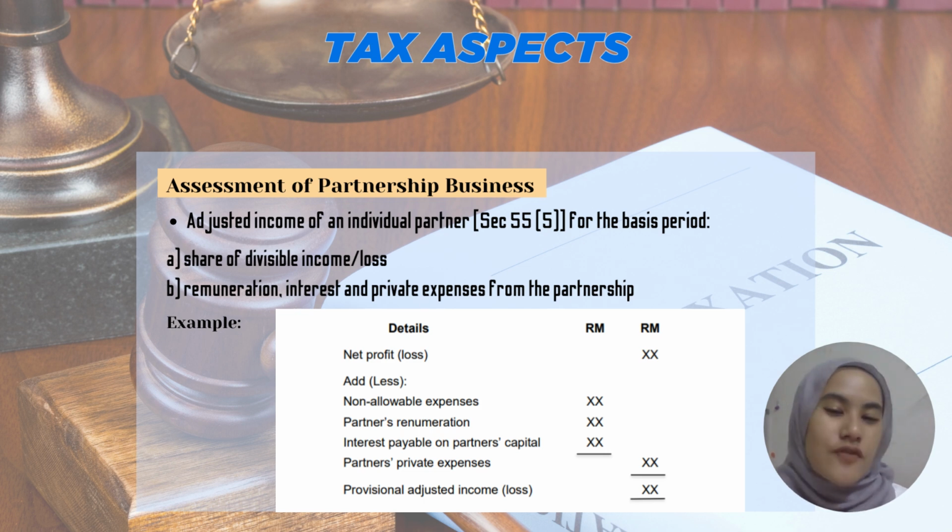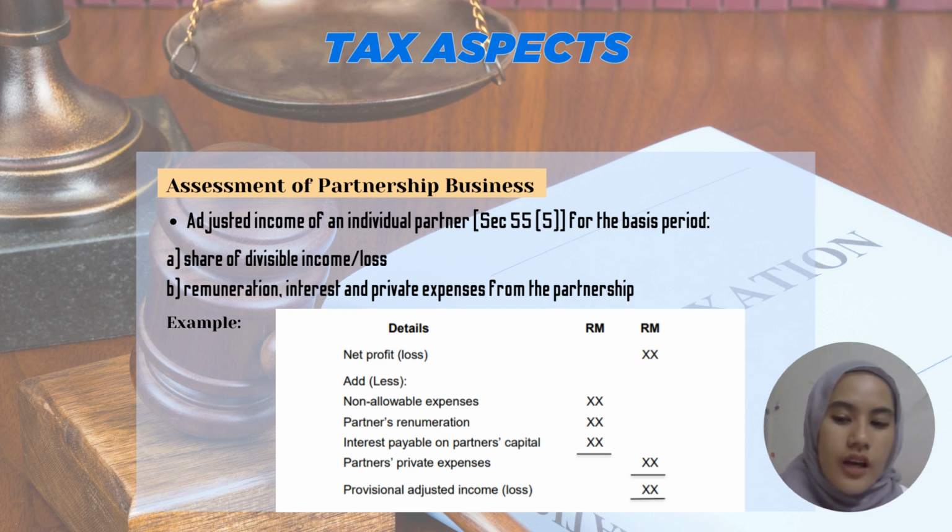So I just followed the order, which is first section 55 subsection 3, and so on until the latest one, which is section 55 subsection 5, which is adjusted income.